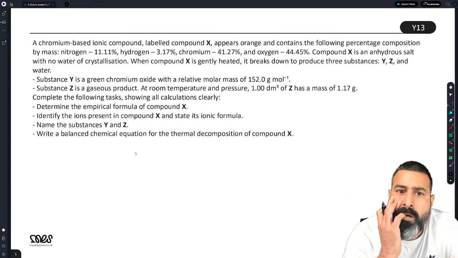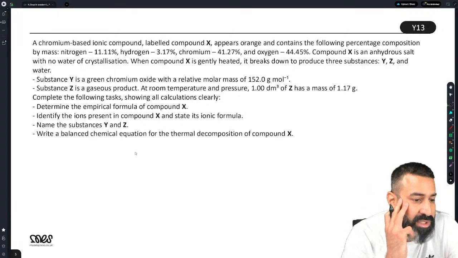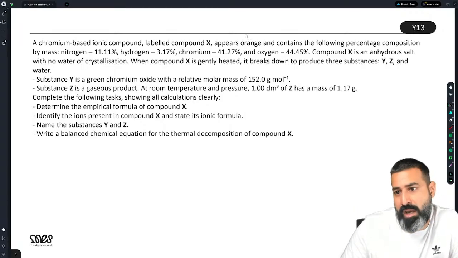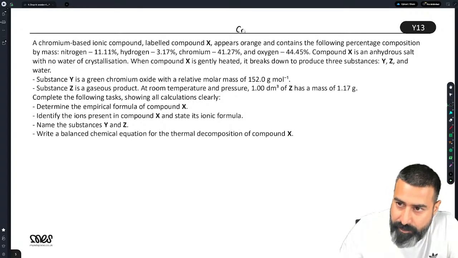Okay. So a chromium-based ionic compound labeled X appears orange. Straight away, when I'm thinking of oxidation states, do I know any chromium species which appear orange, and what is the oxidation state of those species?